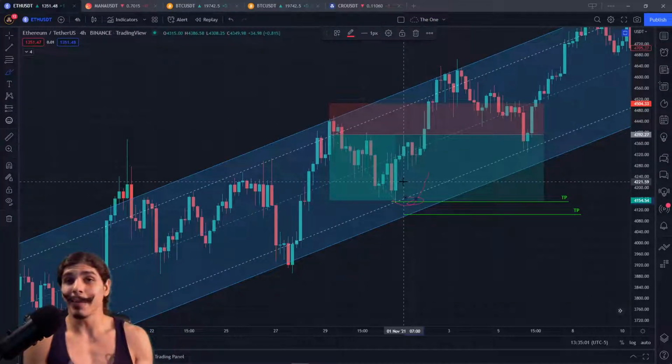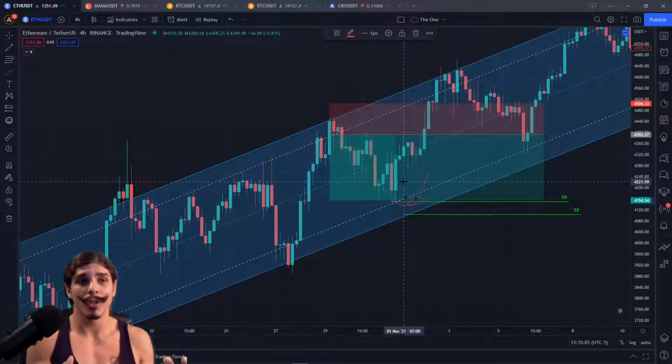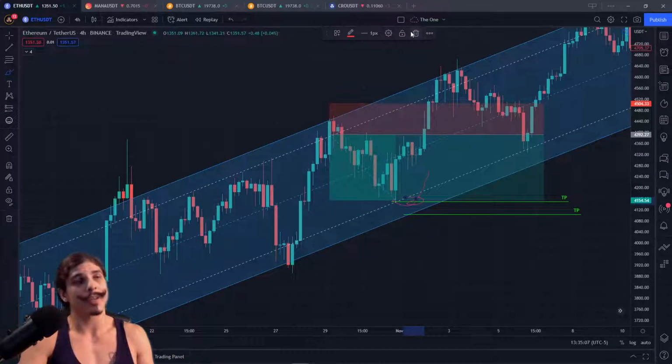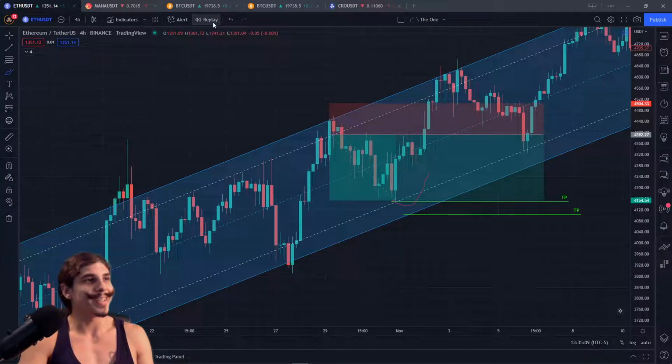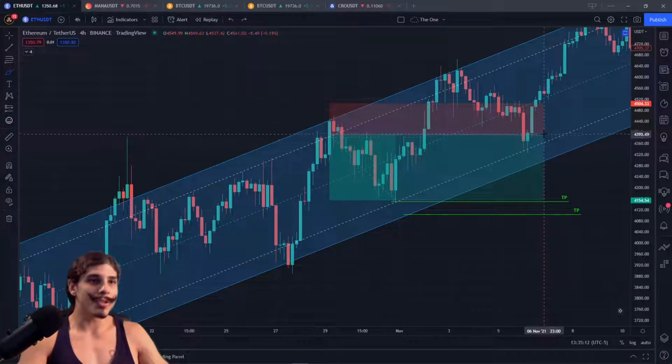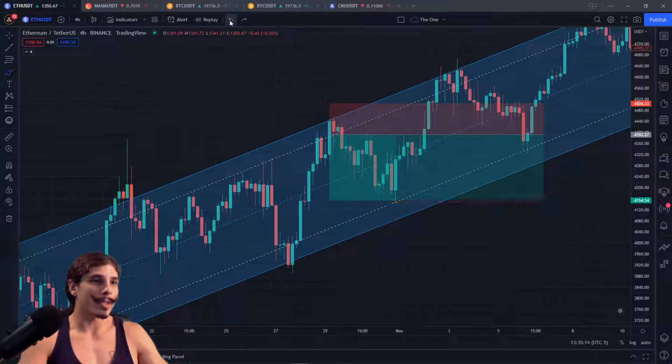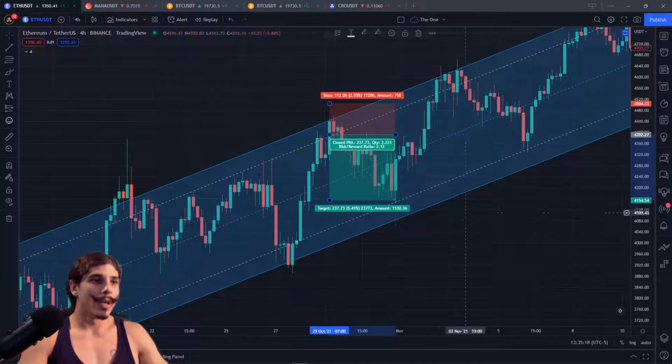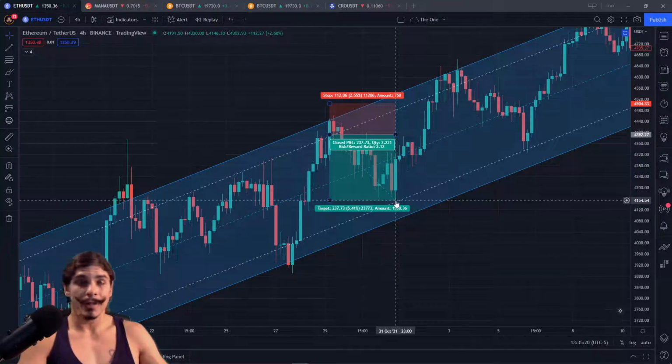And if you are an advanced trader, or you know what you're looking for and you've got some practice underneath your belt, you've got some experience, once you close your short position, let me get rid of these take profit goals here. Once you close your short position here, you're in your range for entry on longs.